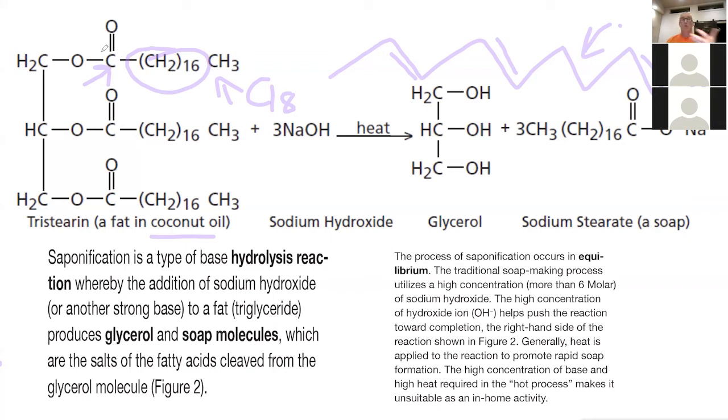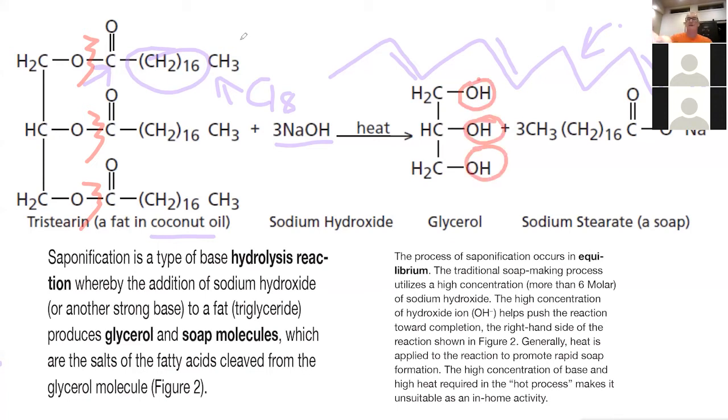Then 1 mole of this plus 3 moles of sodium hydroxide and some heat will break these bonds right there, leaving you with the hydroxyl groups intact on the glycerol.